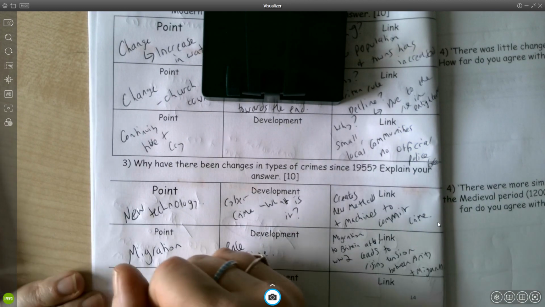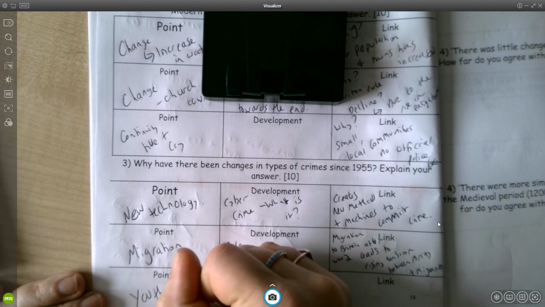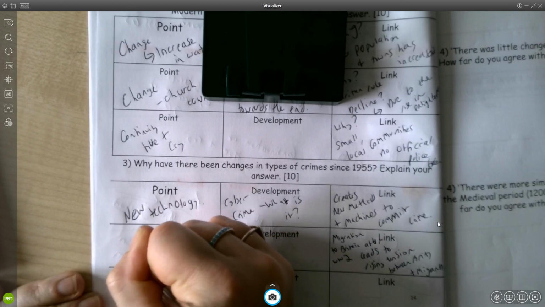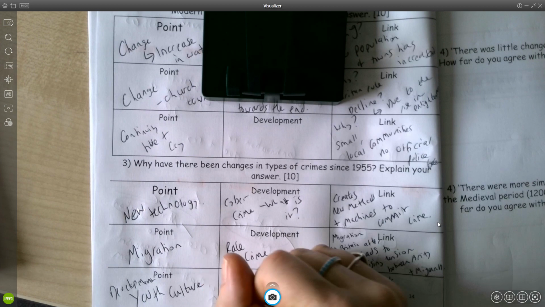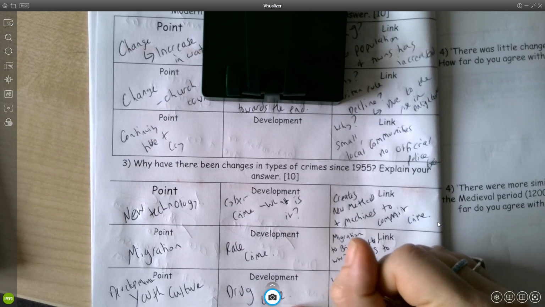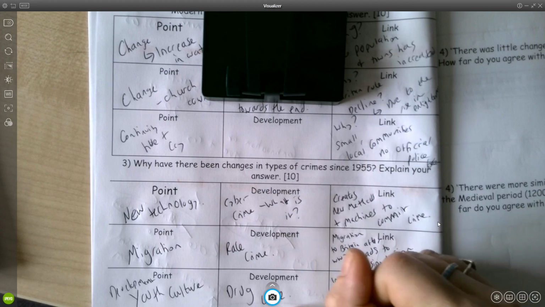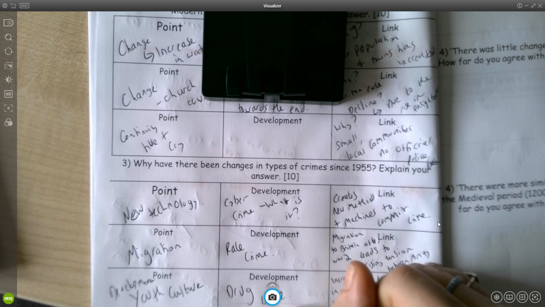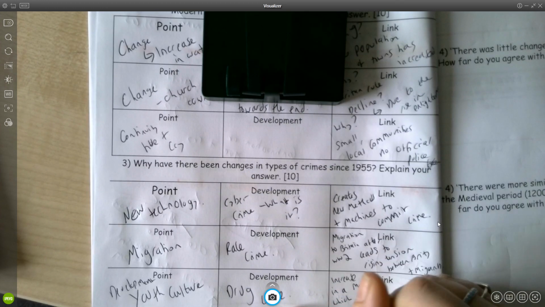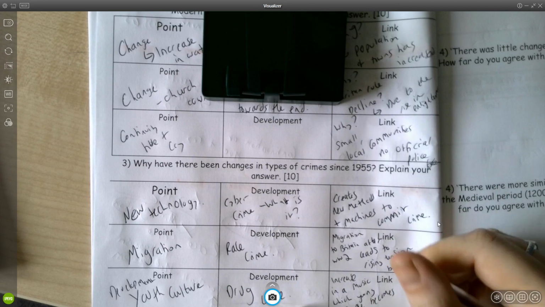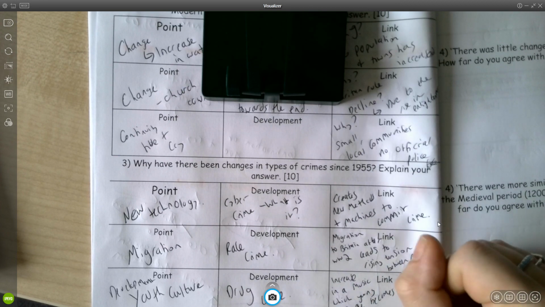Final point, youth culture. The development of youth culture, particularly in the 60s, leads to rising drug crime. So the increase in a music scene which young people attend becomes linked with illegal drugs.